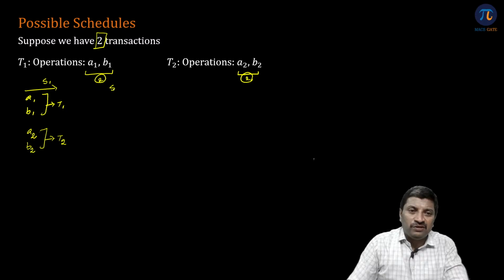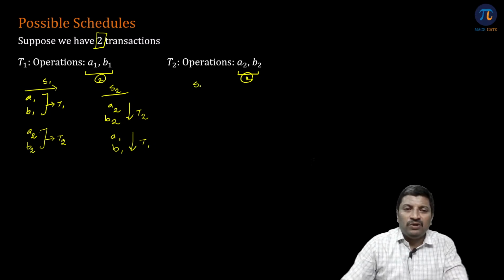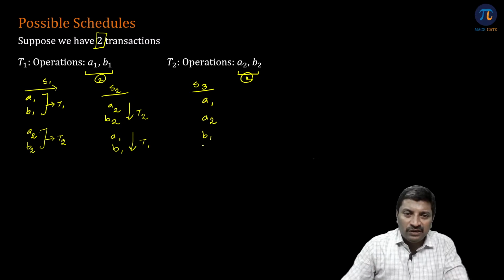Instead of this one, I can have 2 operations from the second transaction, followed by 2 operations from the first transaction. Now let me write the concurrent schedules. So look at this. A1 I started. Now before I do B1, I can have A2. Then I can have B2.